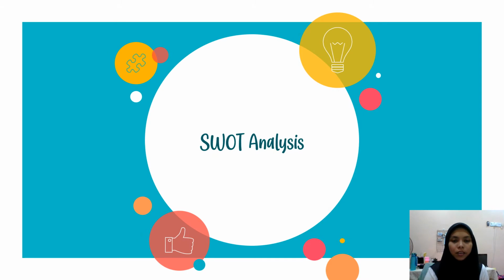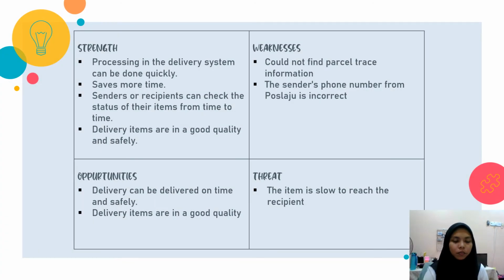The SWOT analysis. For the strengths, processing in the delivery system can be done quickly, saving more time. Senders or recipients can check the status of their items from time to time. Delivery items are in good quality and safe.